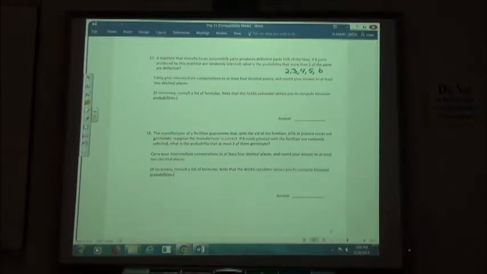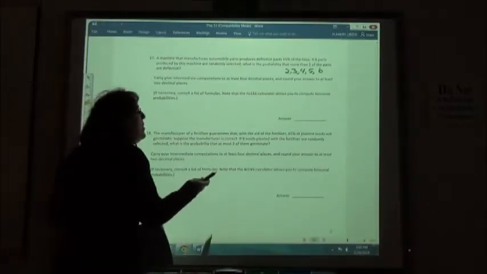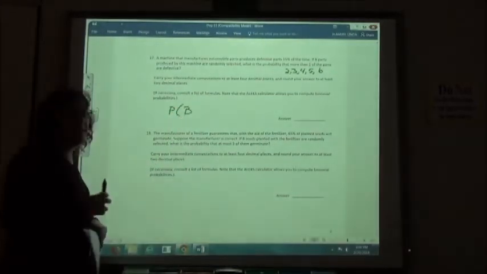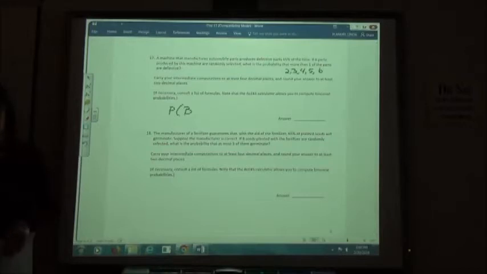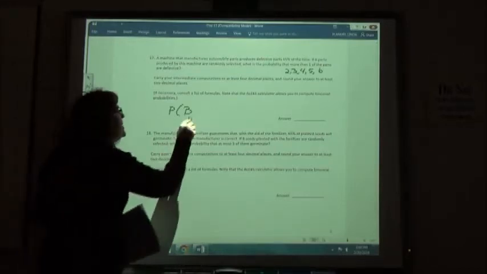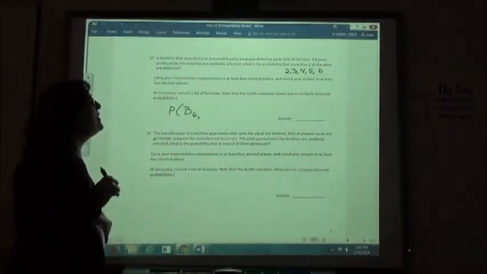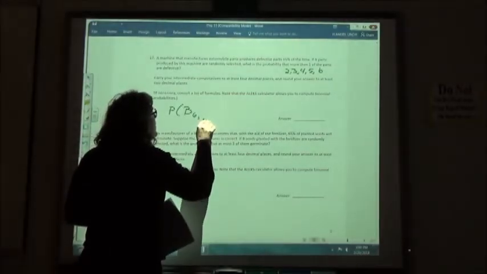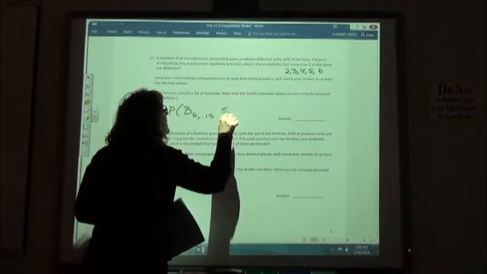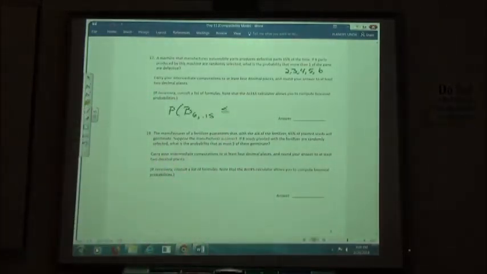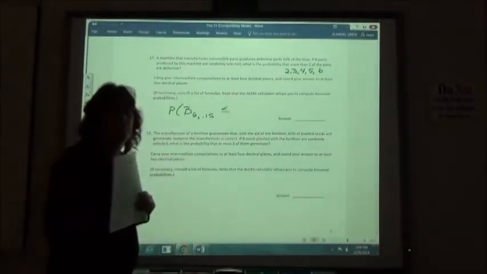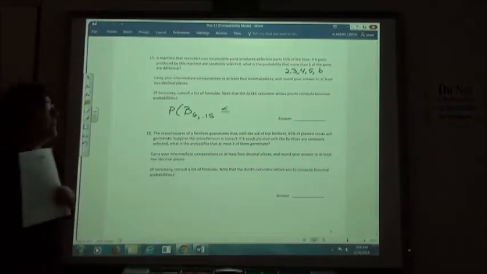But if I do my Alex calculator, I want to do the probability of, how many items did we have? 6. The probability they are defective would be 0.15, and we want to be less than or equal to 1.